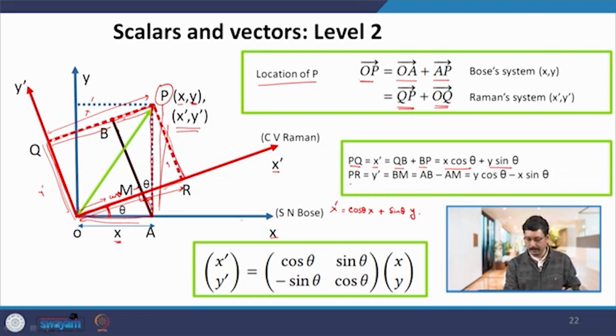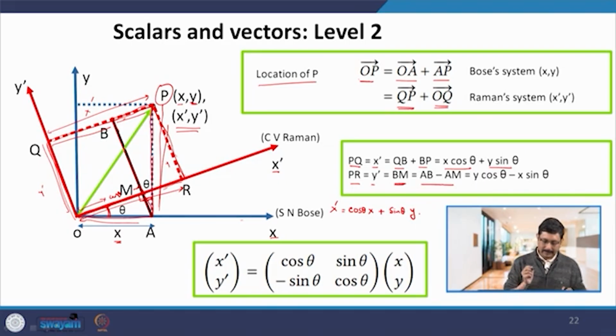So, y prime is PR, and PR you can see is the same as BM, because this is a rectangle. So, this is BM, and BM is AB minus AM.